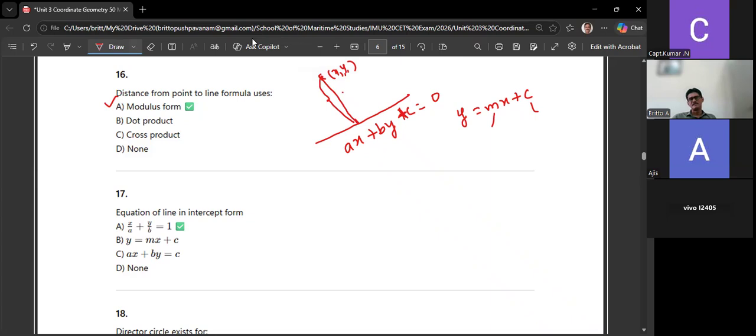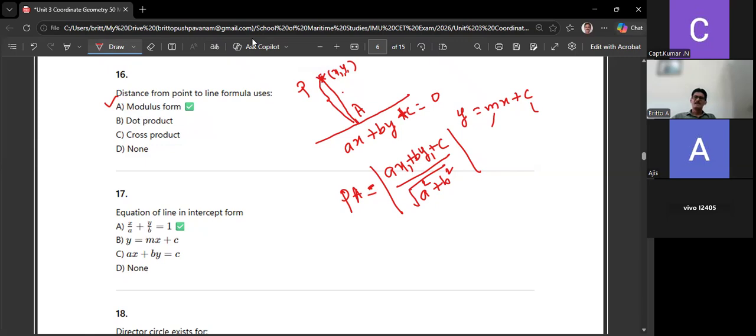Suppose you take this P and this A. The distance PA is modulus of (A x1 plus B y1 plus C) divided by square root of (A square plus B square), where A and B are the coefficients of x and y, and (x1, y1) is the point.